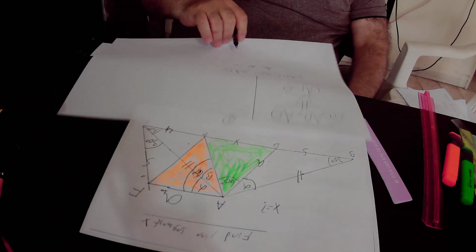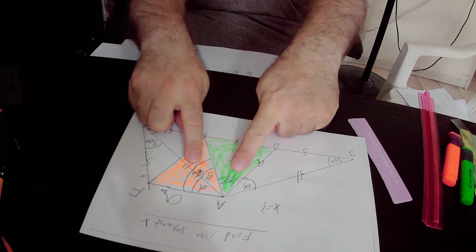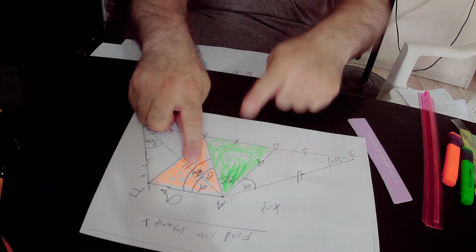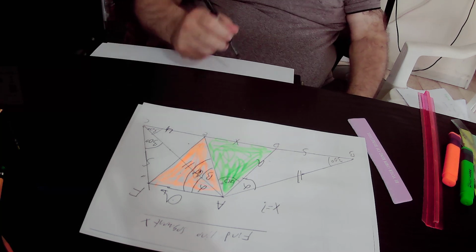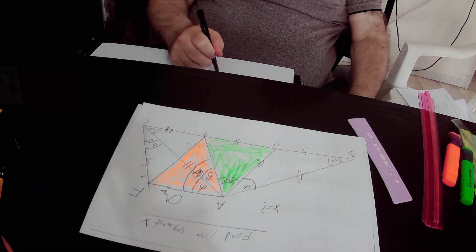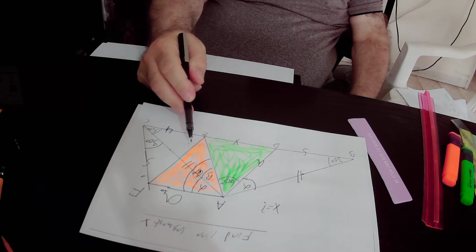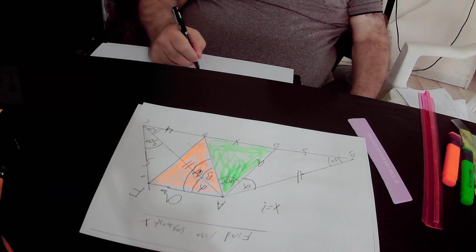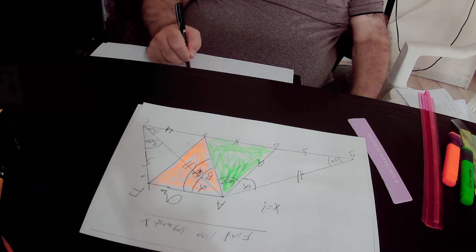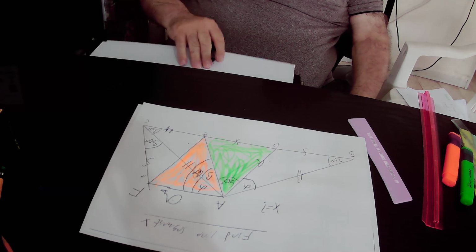In addition, those two angles, they are both equal to 60 degrees, therefore they are equal to each other. So angle DAE is equal to this angle that is actually angle EAF. And they are both equal to 60 degrees.